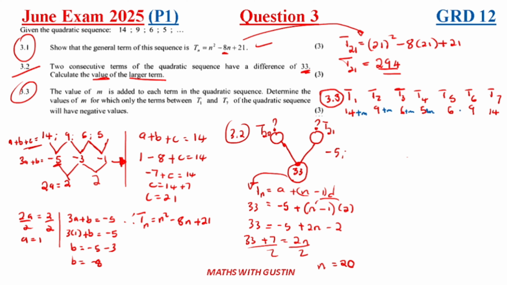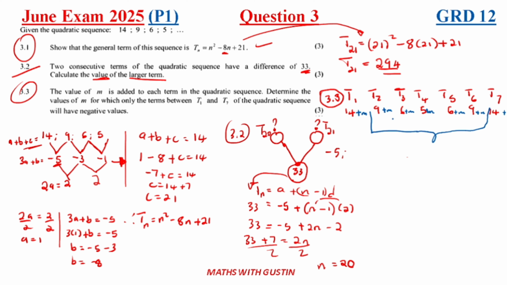So now they want us to find the value of m such that the values between t1 and t7 will have negative values.